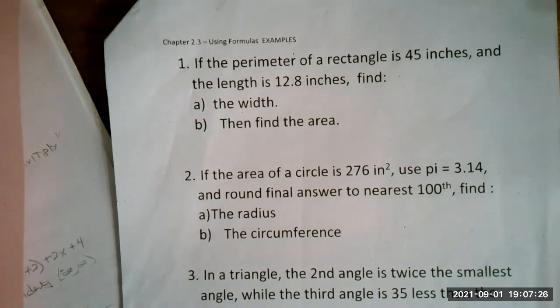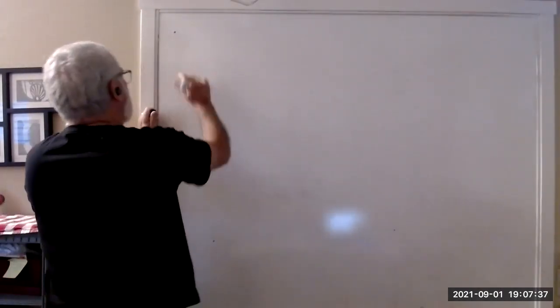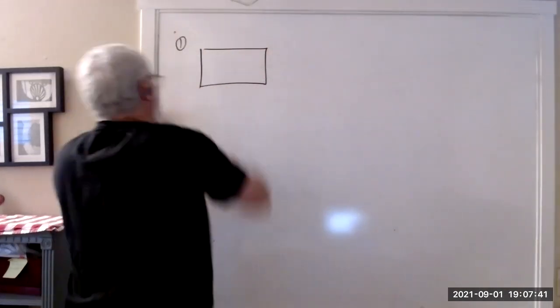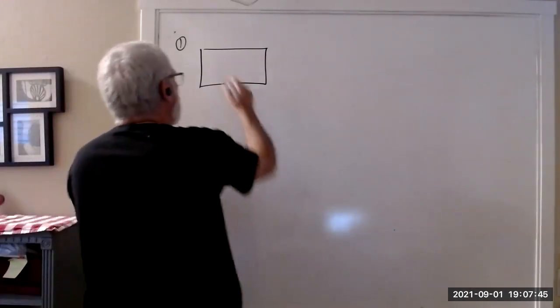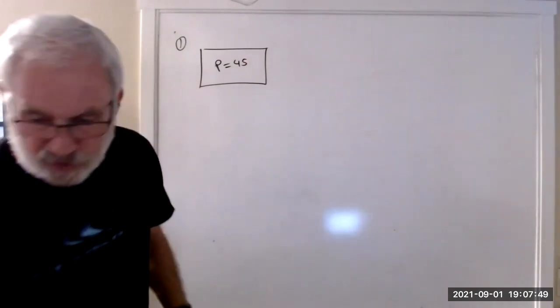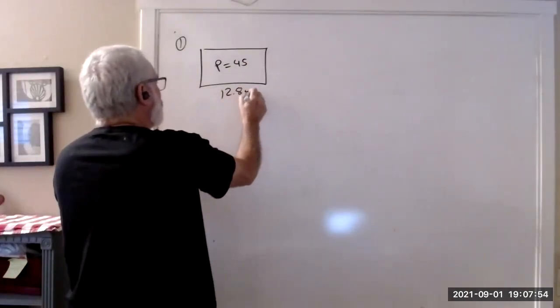Okay, let's go back now to that camera. Yay. If I can, I always draw a picture. Always. It helps me think. It talks about the perimeter being 45 inches, but then it says the length is 12.8 inches.